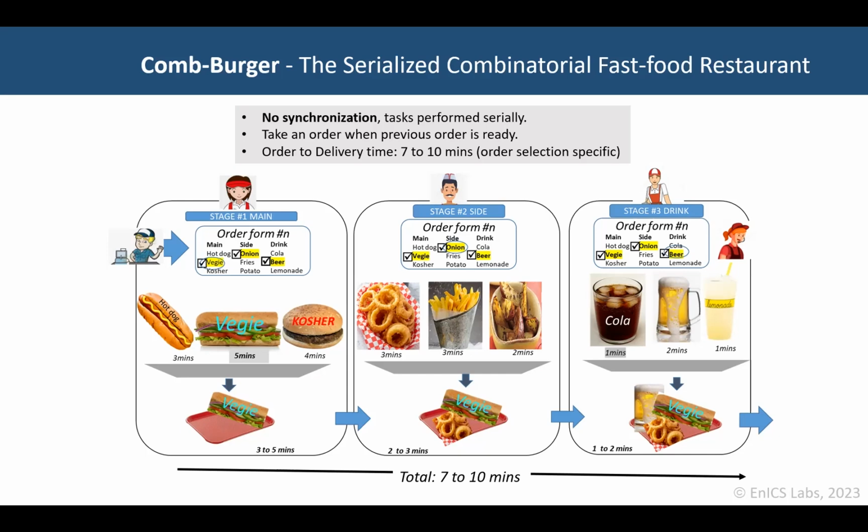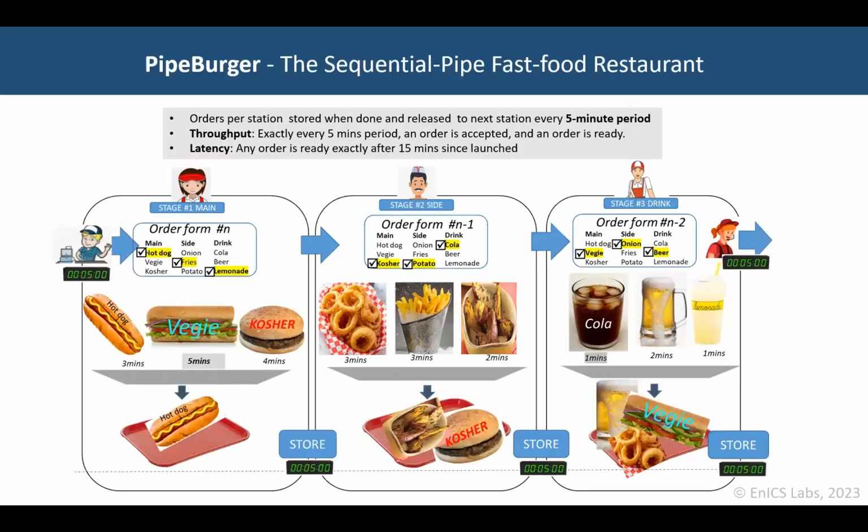In the first implementation, it's just one after the other. The main dish can take 3 to 5 minutes, the side dish 2 to 3, and the drink 1 to 2 minutes. Altogether, the duration is 7 to 10 minutes, so we can take an order only every 7 to 10 minutes.